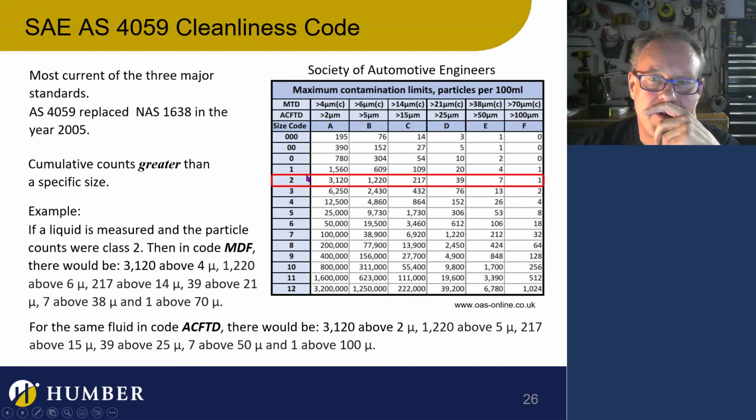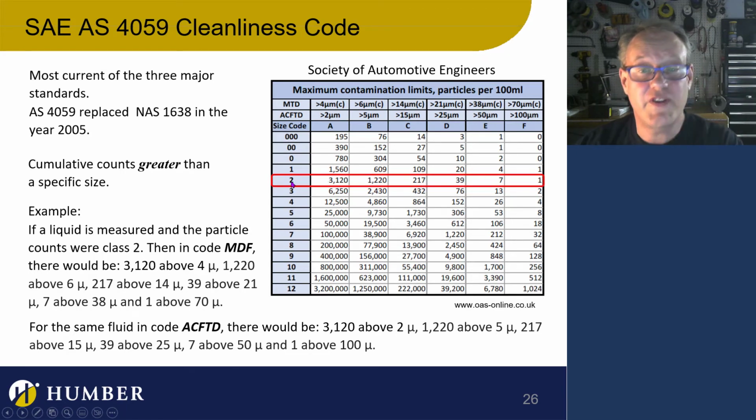Anyway, there you go. So what's going on is that we're looking at a particular amount of particulates. If the code says this is a 2, then you're going to have this many particulates greater than 2 microns, this many greater than 5, this many greater than 15, this many greater than 25, this many greater than 50. You see how these numbers are getting up?